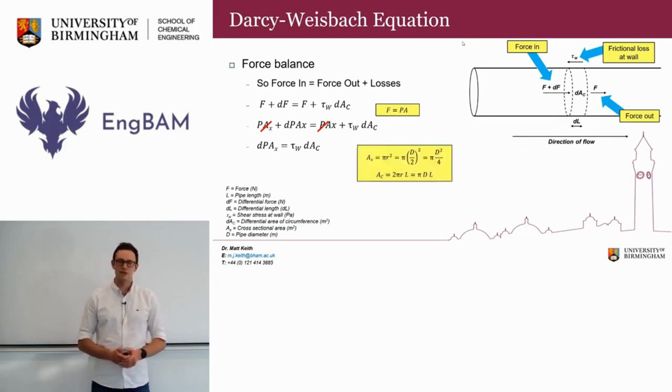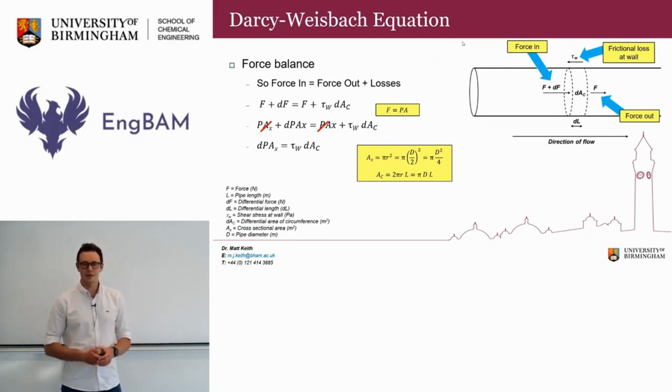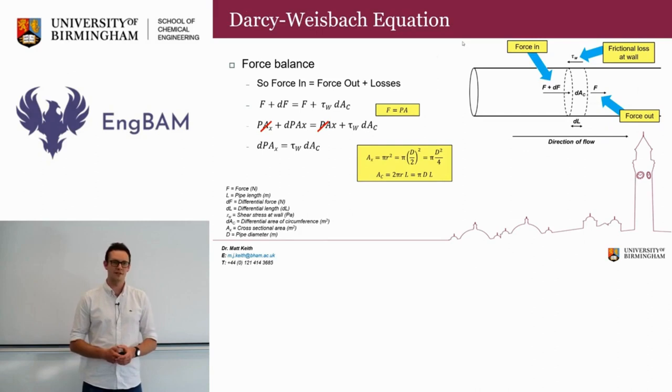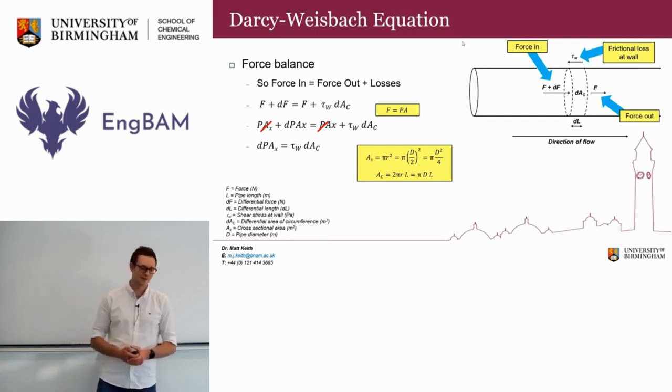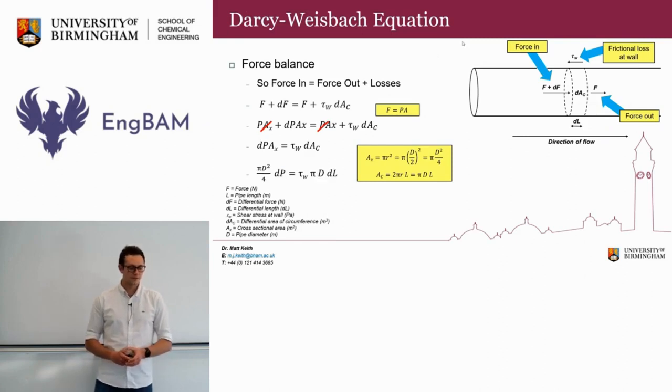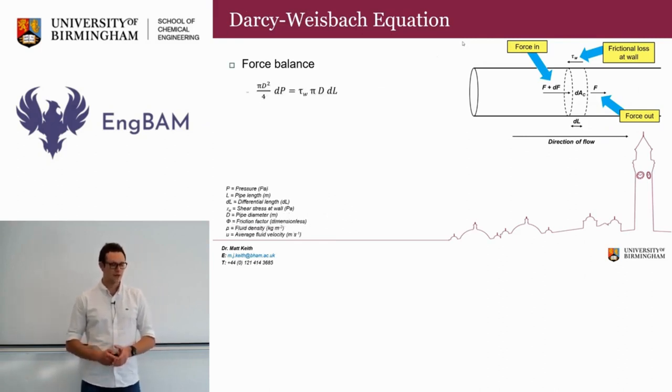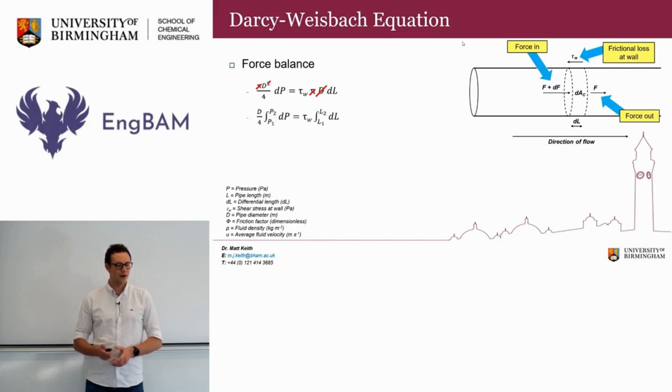And now we can start substituting in using our well-known equations for circles. So we take AX equals pi r squared, or another way of writing this is pi d squared divided by 4. And we also take the area of our circumference, which ends up being pi d L. We substitute in those values, and then we notice we can also start cancelling things out. Our pi's will cancel on both sides, our d squared will cancel with d, and then we have what we call a differential equation.